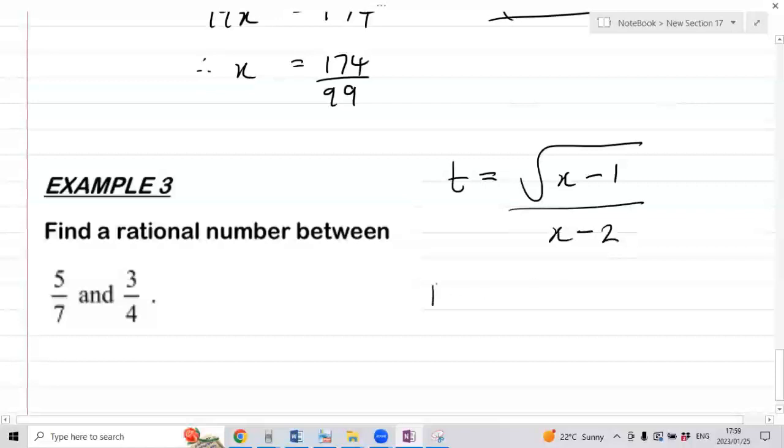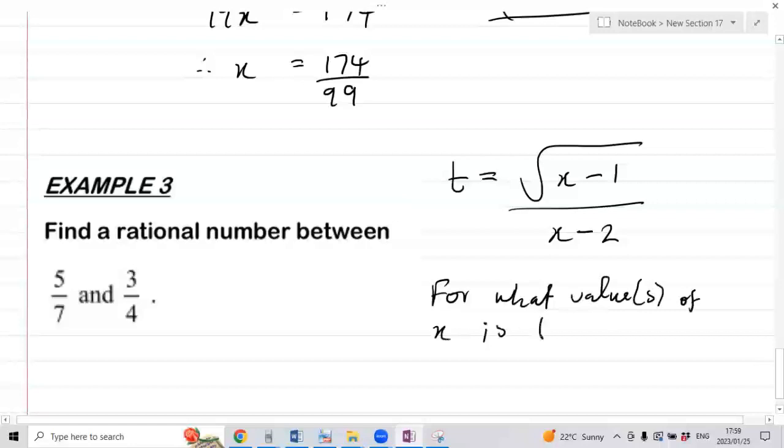And I can ask you, for example, for what value or values of x is t undefined? And let's say I gave you all these numbers here. You can choose from these numbers.